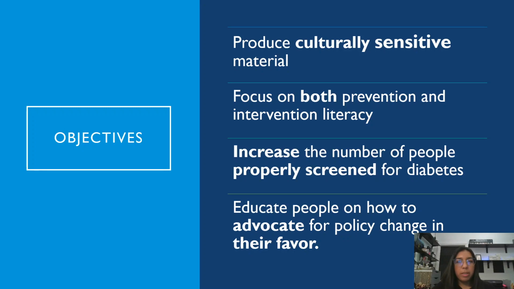So my objectives to programming that will accomplish a decrease in diabetes in this population. I aim to produce culturally sensitive material, so material that is relevant and sensitive to the cultures in these communities.